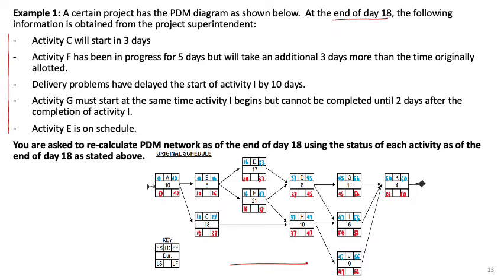So this superintendent gives you the actual information about what happened on the field. So what you need to do is to update or recalculate the PDM network as of the end of day 18 using the actual information from the field.